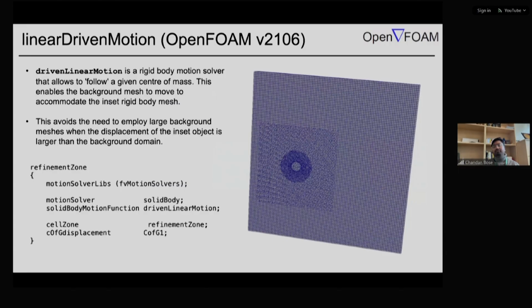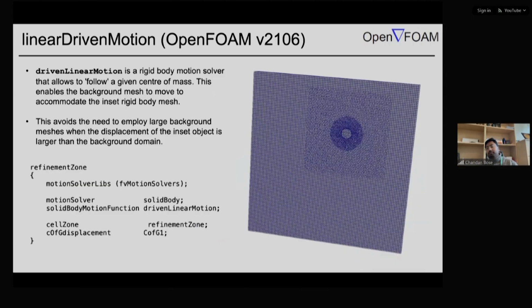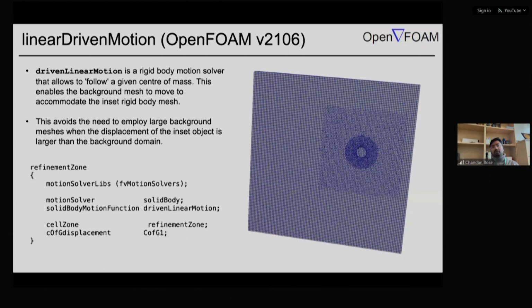There are different interesting features that we can implement in overset mesh. For example, we can define a refinement zone and then move the refinement zone with our body, which is useful in simulations of different types of problems, such as when you want to simulate a seed passively flying in turbulent wind.